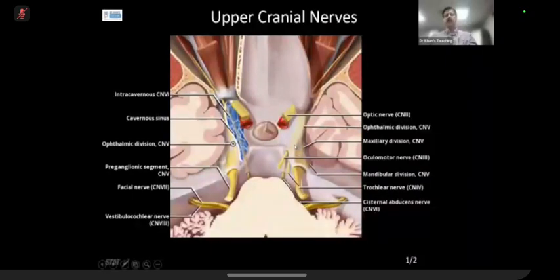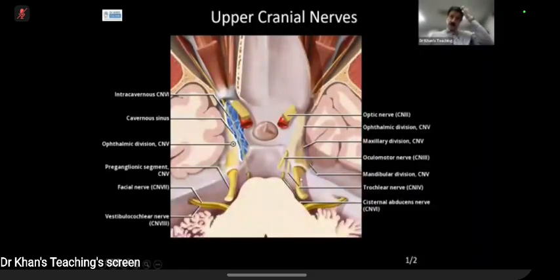V1, which is the ophthalmic branch, and then the maxillary branch, V2, and V3. V1 and V2, remember, they go into the cavernous sinus. V3 is a favorite in the exam because it goes through the foramen ovale and goes into the masticator space. And I'm going to show you a case today of perineural spread. So this is the anatomy.